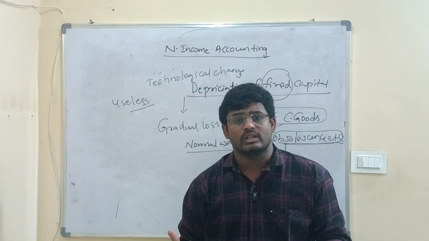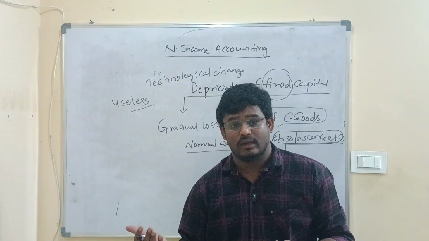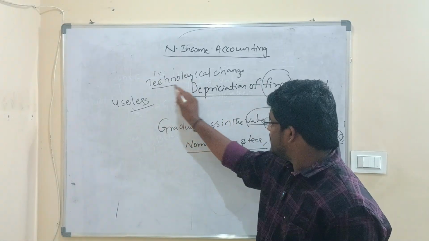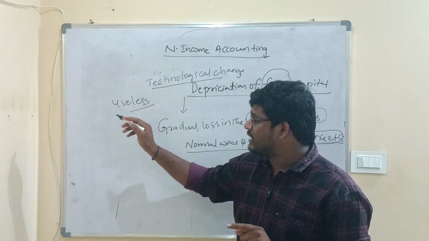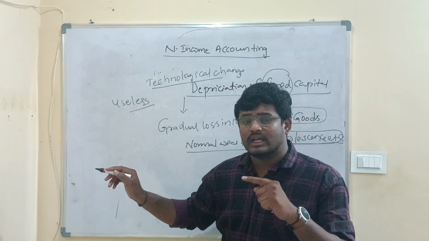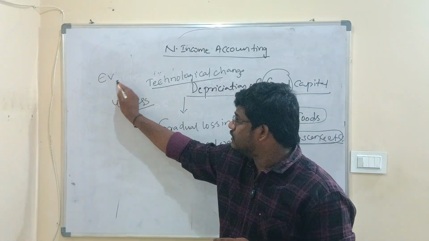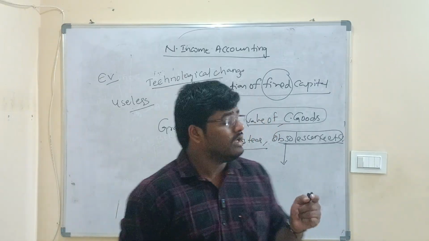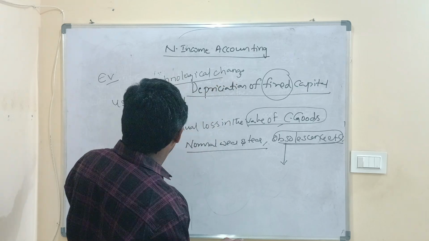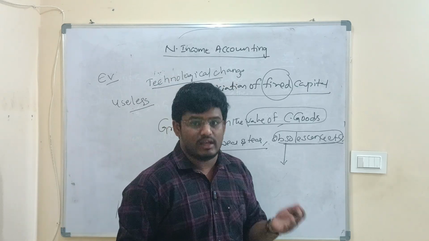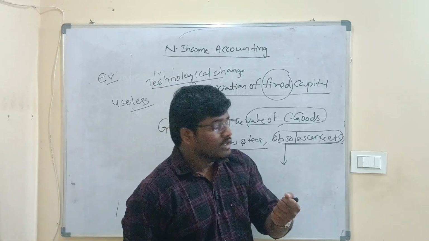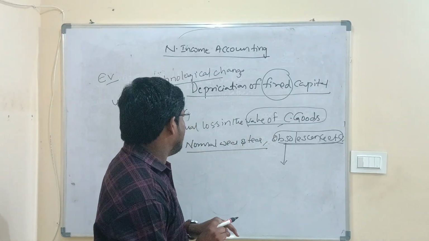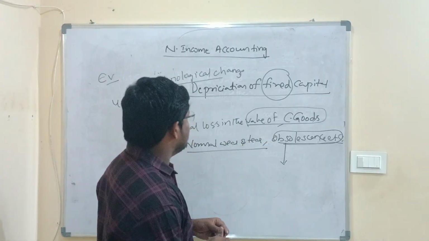Obsolete means it becomes useless, outdated, after 10 years. Why? Because of technological change, most cars are now being produced to run on electricity, electric vehicles, compared to diesel. That is why, due to technological change, the Uber car which runs on diesel loses its value. This concept is referred to as depreciation. So what is depreciation?